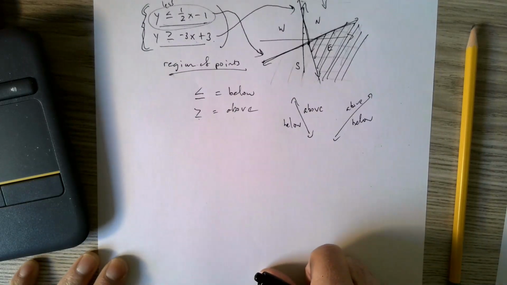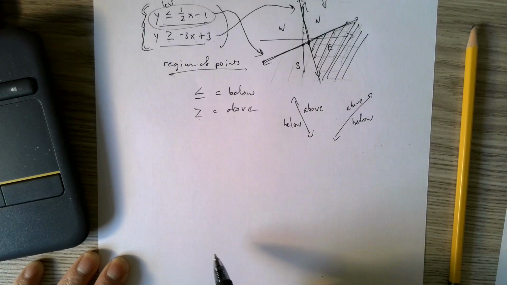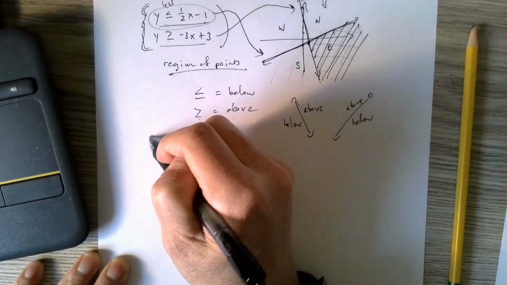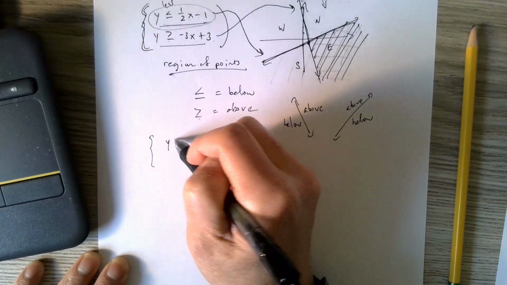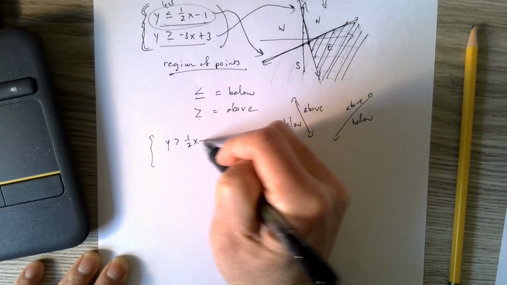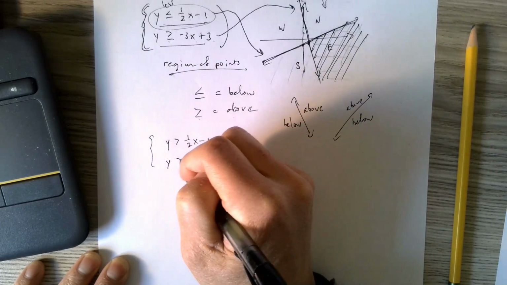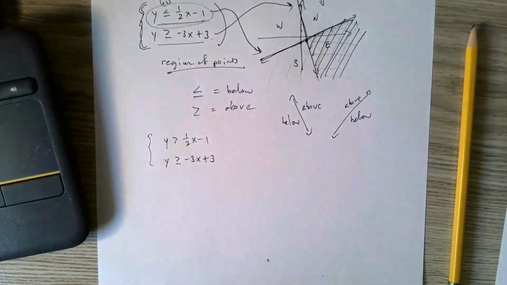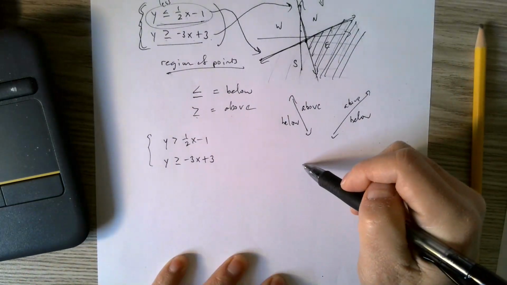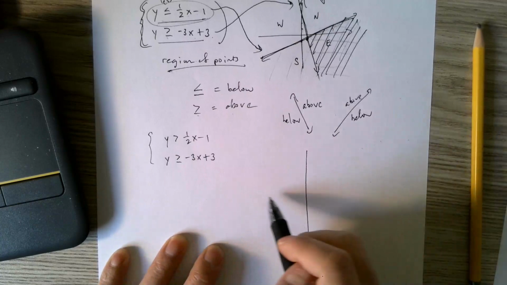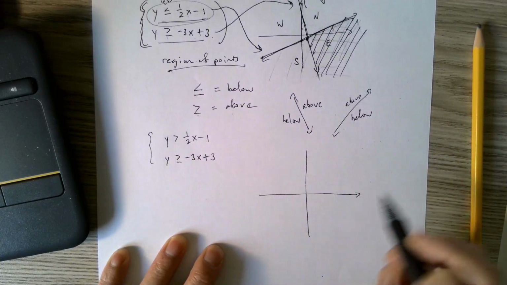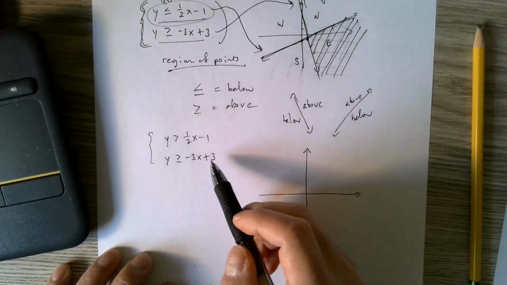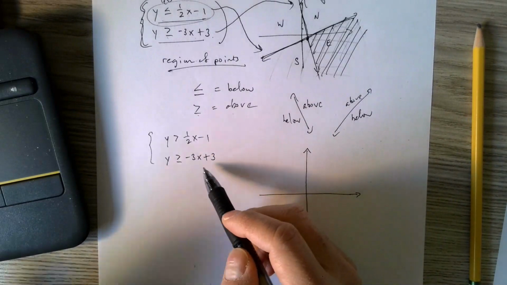Okay, second example. Now to simplify matters, I have used the same slopes and the same y-intercepts.